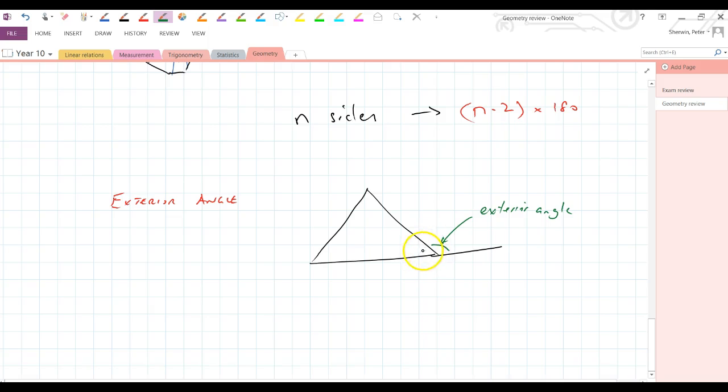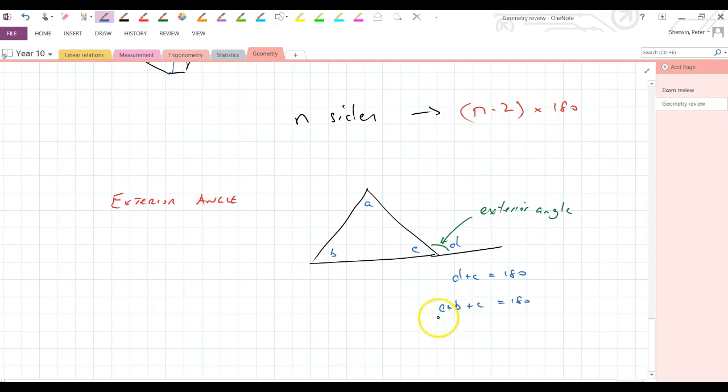Now, it's obviously supplementary with the one inside here, adds up to 180, but in a triangle, if we think about this, let's call the angles A, B, C. Let's call the exterior angle D. So we know that D plus C are supplementary, but we also know that A plus B plus C is equal to 180 from the properties of a triangle.